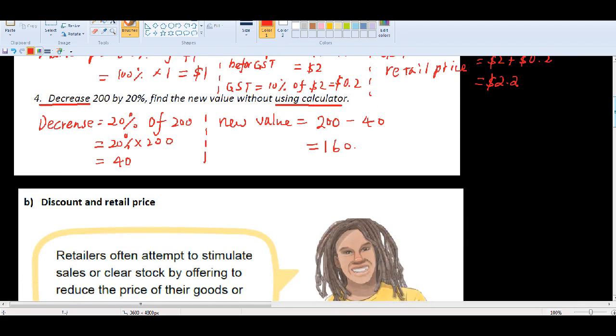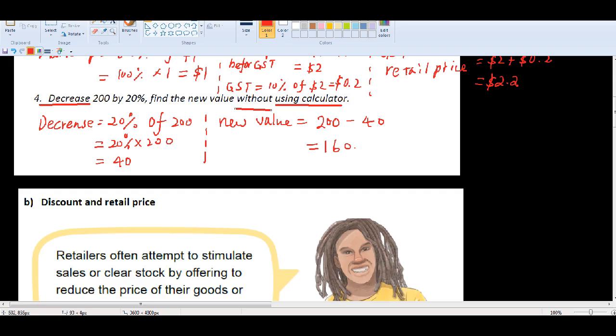Okay, so this one is related to our new contents for this video, because we are going to do some percentage decrease. So you decrease 200 by 20%. You need to find the decrease without using a calculator.